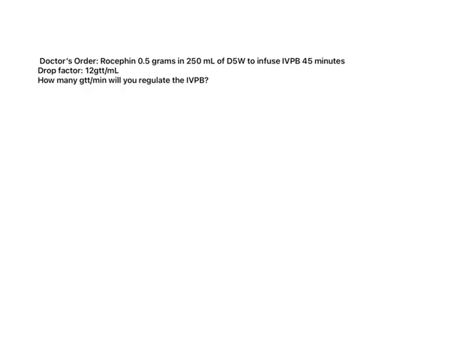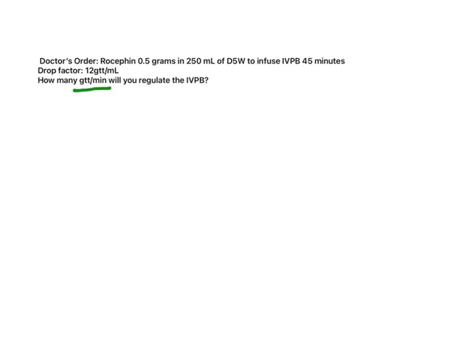The question says that the doctor orders Rocephin 0.5 grams in 250 mLs of D5W to infuse over 45 minutes. The drop factor is 12 GTTs per ml. So this question says, how many GTTs per minute will you regulate the IV piggyback?